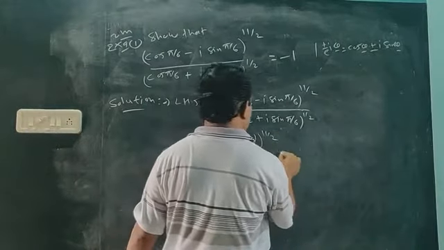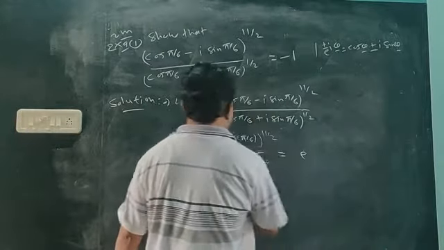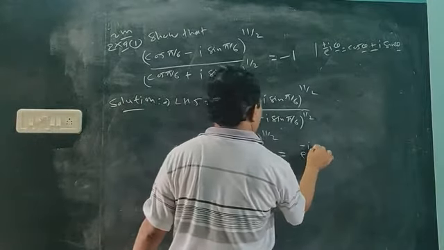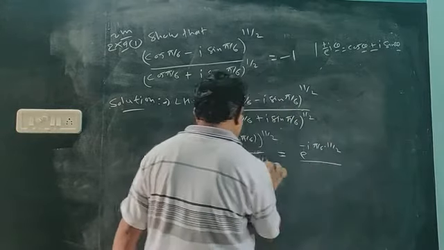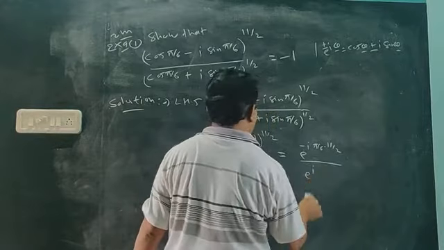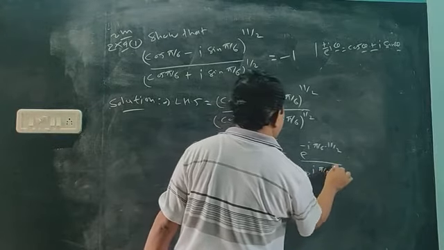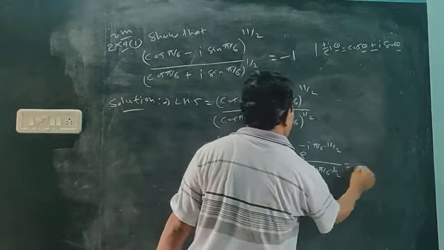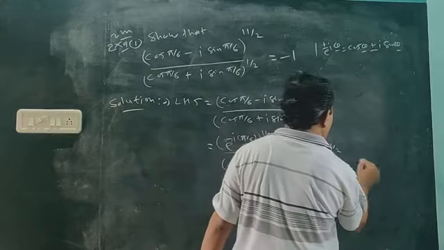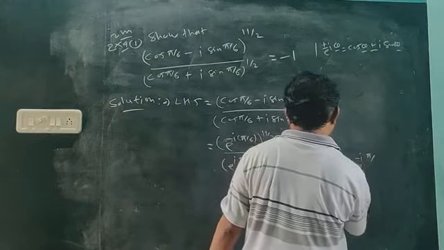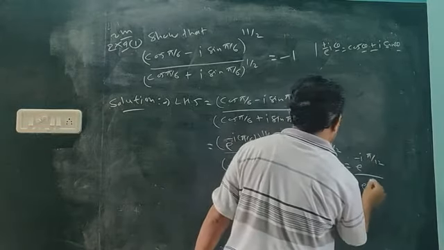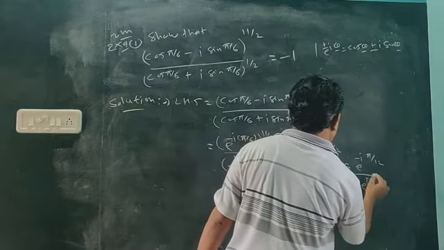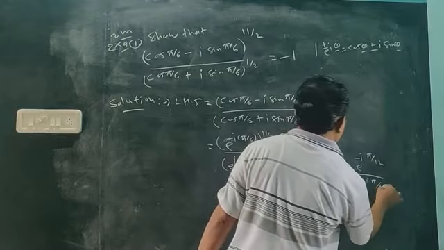By the index law, e raised to power minus I pi by 6 into 11 by 2, and also here e raised to power I pi by 6 into 1 by 2. So the numerator is e raised to power minus I 11 pi by 12, and the denominator is e raised to power I pi by 12.